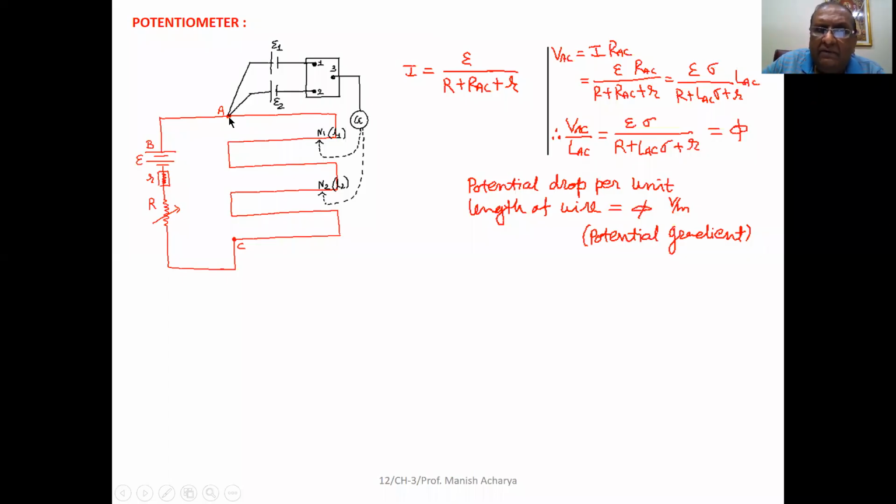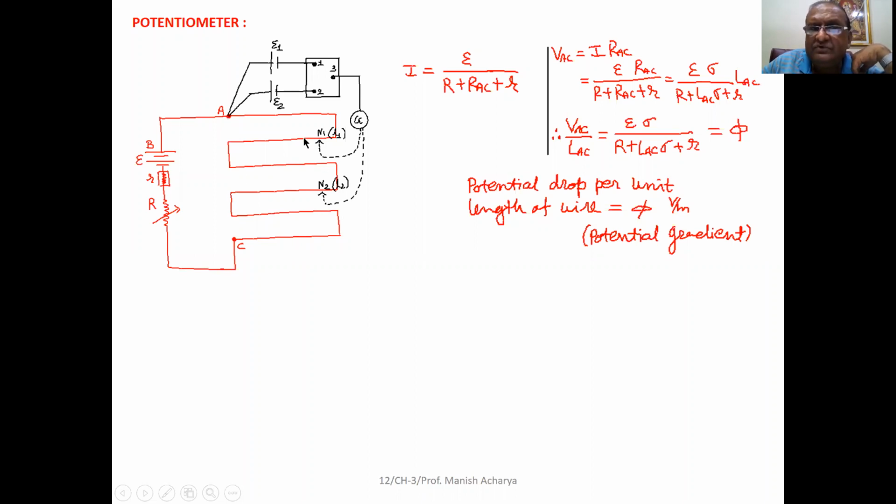Now see, when between these two terminals A and C of the wire, total potential difference, that is VAC. So in other words, we can say this wire itself will behave as a source having potential difference VAC between these two terminals. So here, suppose we take one wire from terminal A, which behaves as positive terminal because it is connected with positive terminal of the battery.